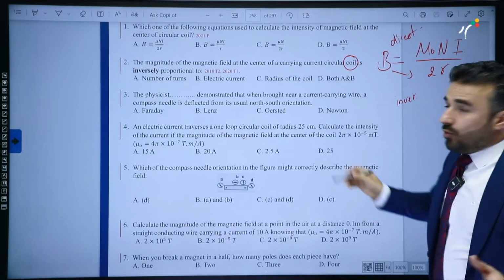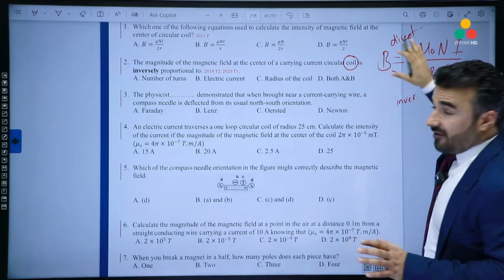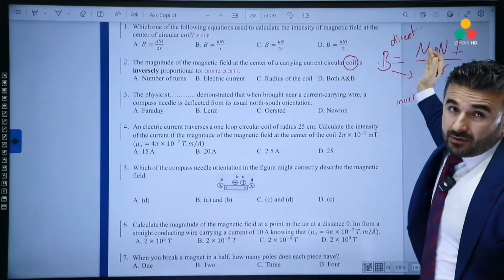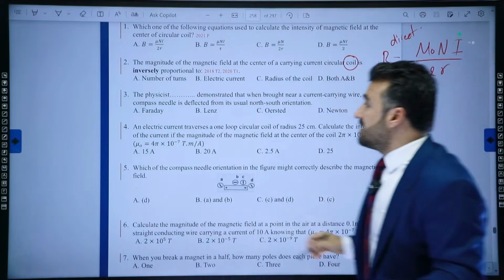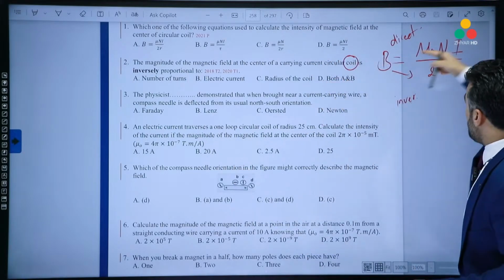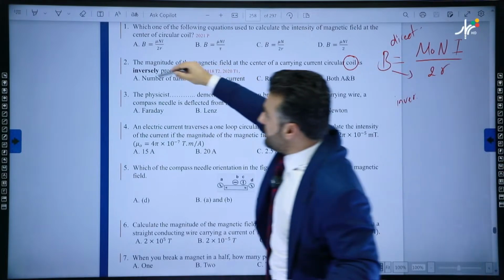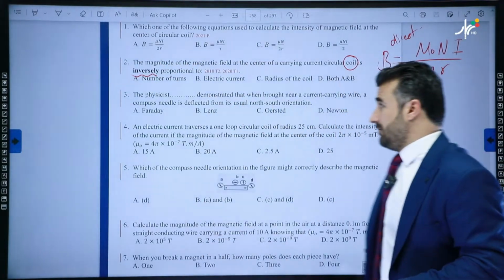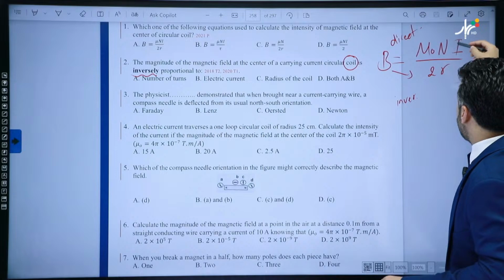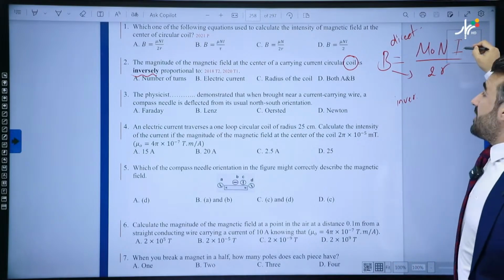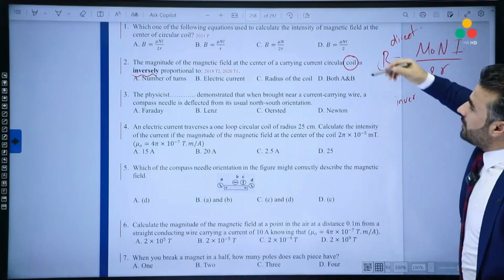Okay, so based on this, after you see the equation, you can compare and tell which one is correct. It says number of turns, yeah? Number of turns is directly proportional to B, so incorrect, because we want inversely proportional. It says electric current. Do you see that? Electric current is also above the fraction, so it is directly proportional, so incorrect.